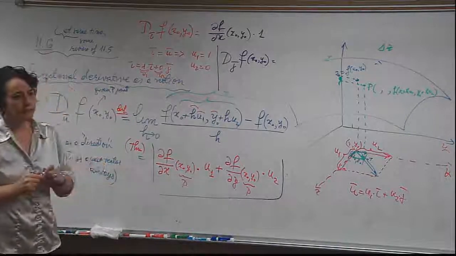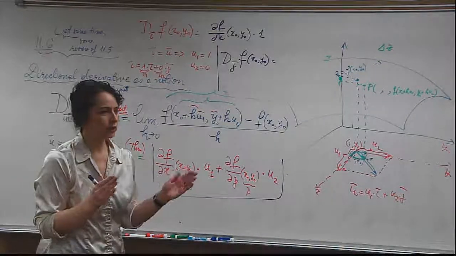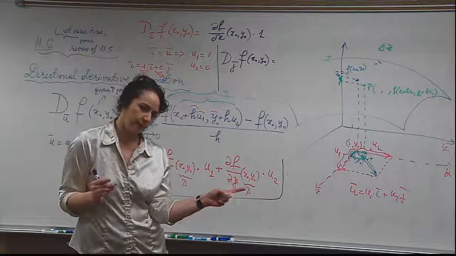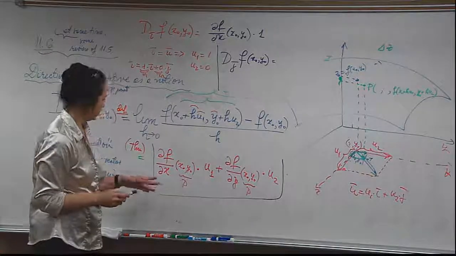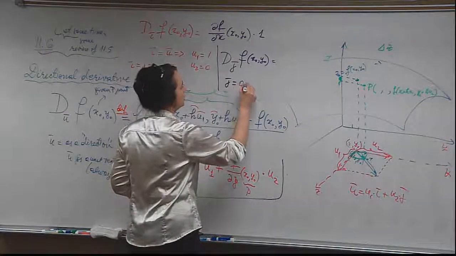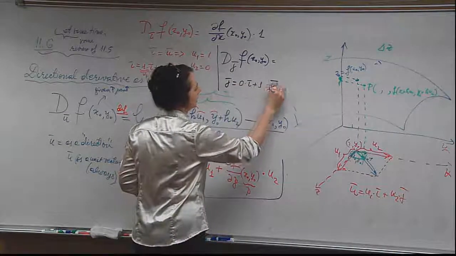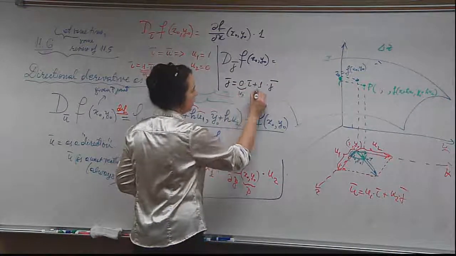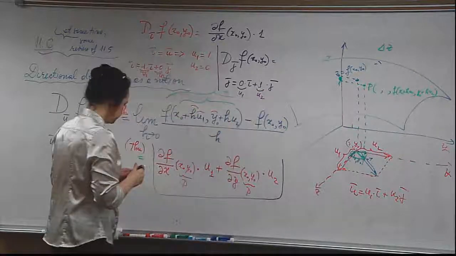So what is df in the direction of j? j is 0i plus 1j. 0 is u1, 1 is u2.